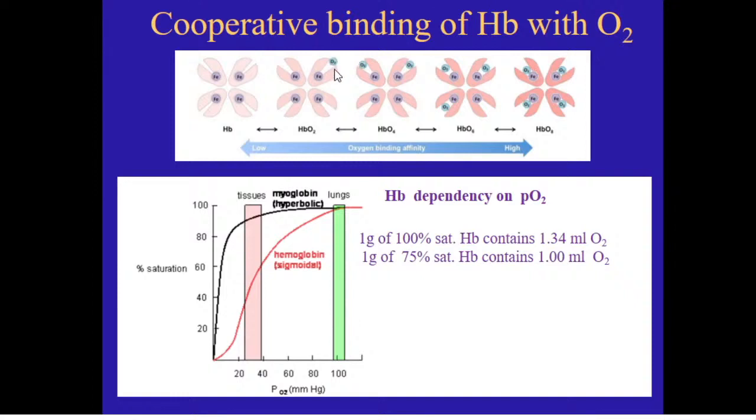After interaction of one molecule of oxygen with one subunit of hemoglobin, the affinity of the next subunit is significantly increased. This process continues after interaction with the second, then the third, and finally 4 molecules of oxygen can interact with hemoglobin. To understand this cooperative effect, look please at the curve of saturation of myoglobin and hemoglobin in dependence on the partial pressure of oxygen.